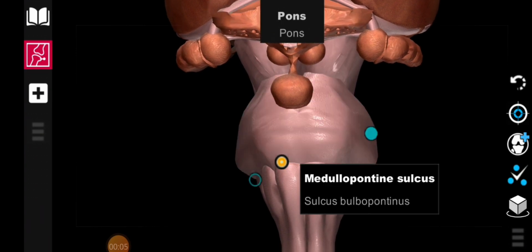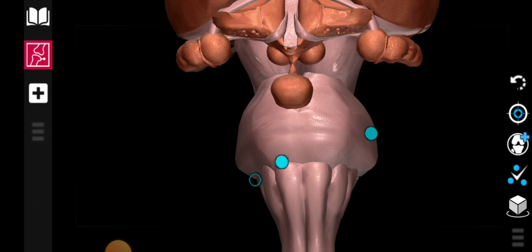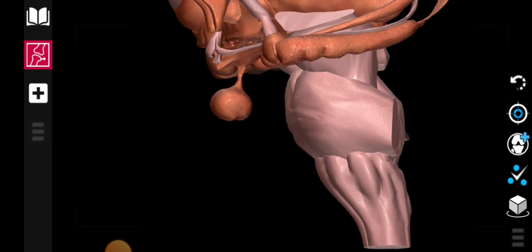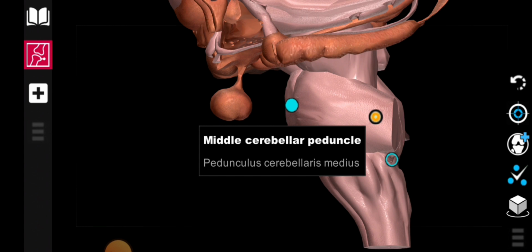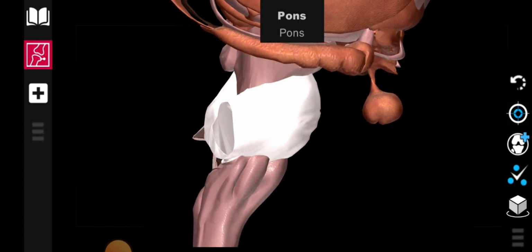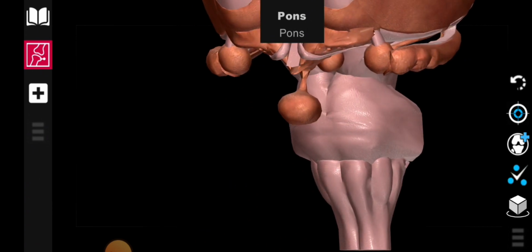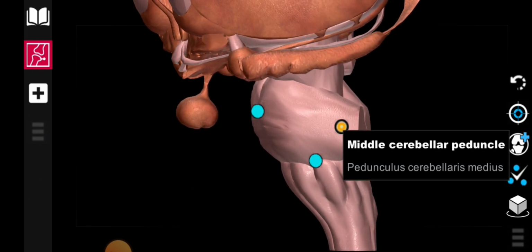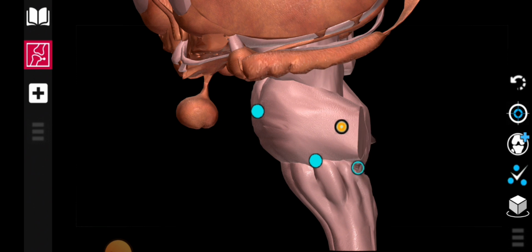And this is the pontomedullary sulcus, or vice versa. Let me turn it laterally, and now we are able to see the middle cerebellar peduncle that is present on both sides, right? This middle cerebellar peduncle is the gateway, you would say, through which the pons communicates with the cerebellum posteriorly, which has been removed from here, right?